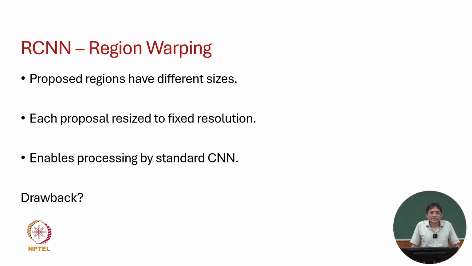Each proposal is resized to a fixed resolution, and it enables processing by a standard CNN. But of course, it also comes with the drawback that ROIs with different aspect ratios can be resized to the same fixed resolution. In that process, you are also losing some information.